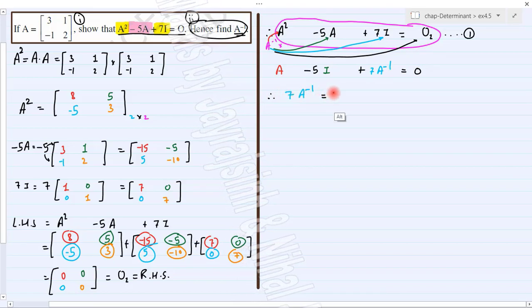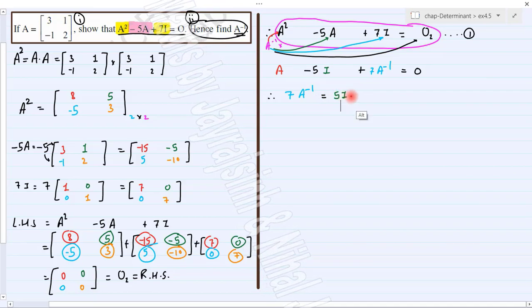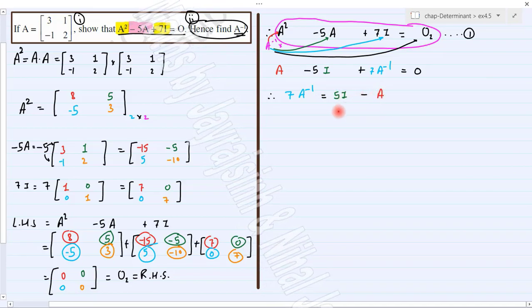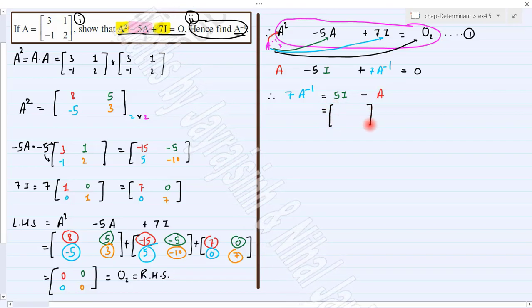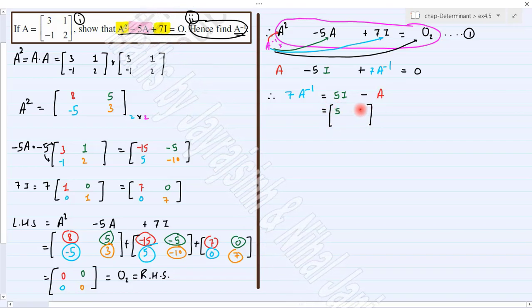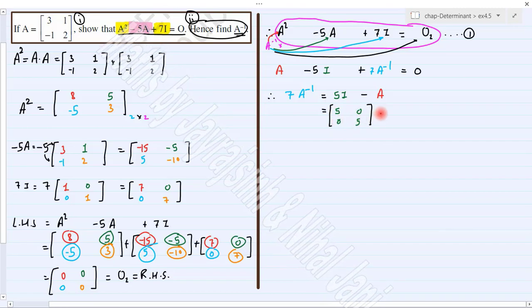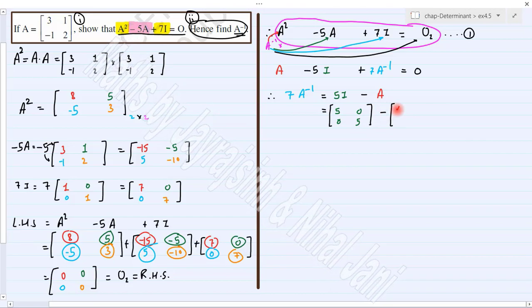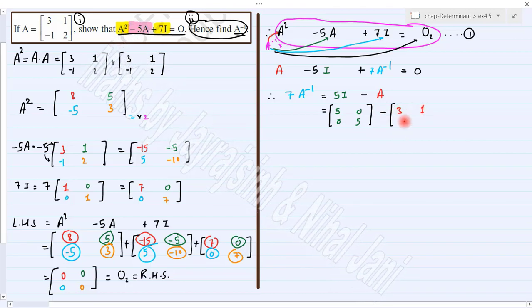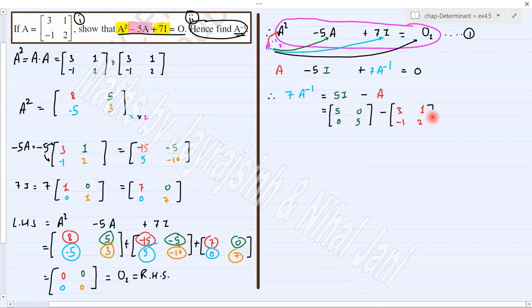So here we have to make 7A inverse the subject. So we will get 5I minus A. So we can say if we multiply 5 with identity matrix, we will get 5, 0, 0, 5, minus your matrix A, which is already given as 3, 1, minus 1, 2.